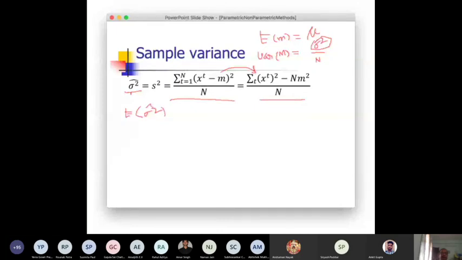That is your objective here. So you have to compute the expectation of this term and also the expectation of this term, m square and xt square, and then you can get that expression.